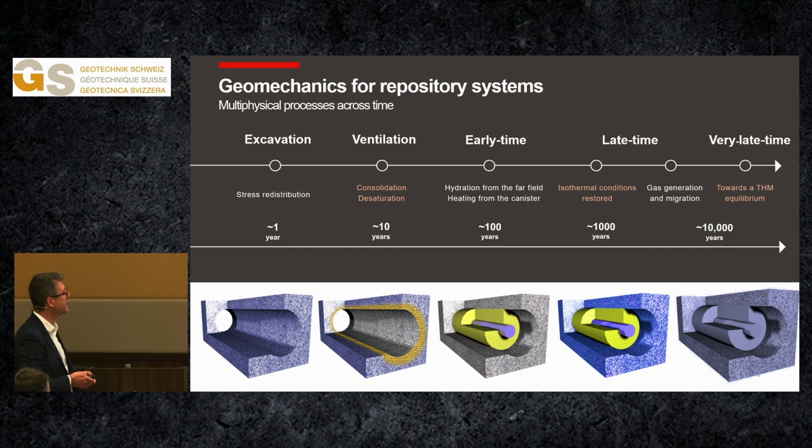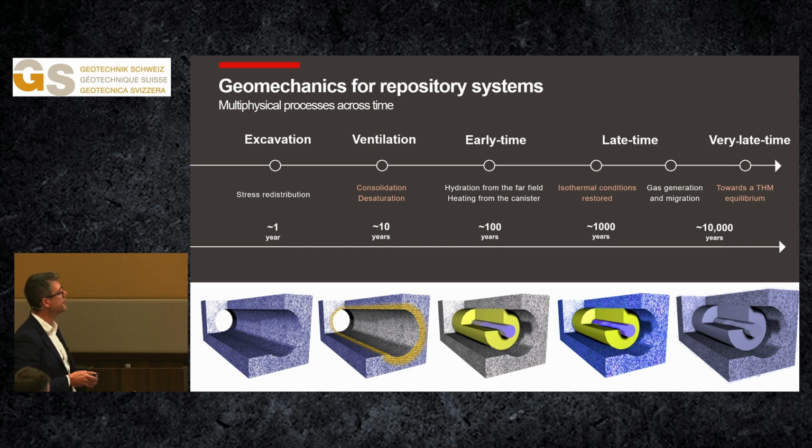After the barrier is put in place and the system is closed, there will be the hydration of the barrier from water coming from the surrounding rock. So swelling pressure will develop, and technological gaps will be closed. At the same time, the system will have its non-isothermal phase, because heat emitted by the waste will increase the temperature of the system.